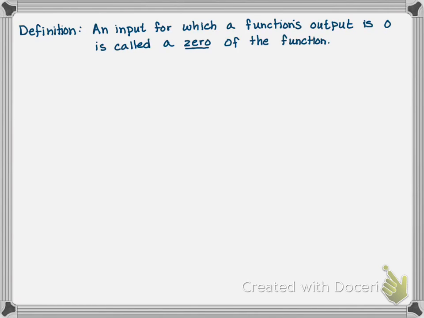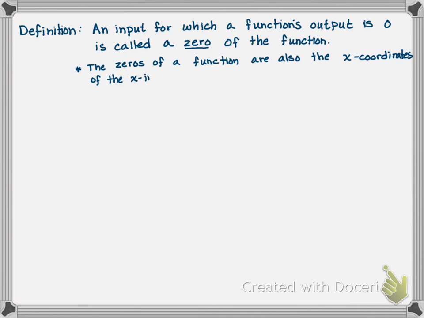So the zeros of a function are also the x-coordinates of the x-intercepts of the function's graph.